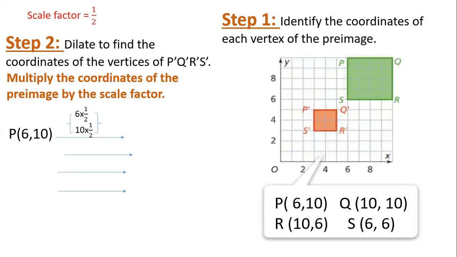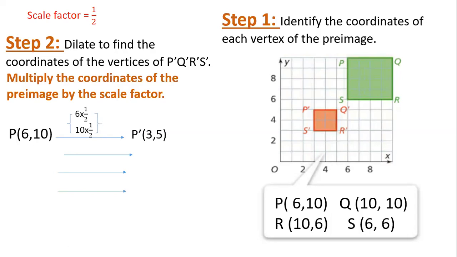If we multiply two fractions together, here 6 is like 6/1. It's going to be what? 3, very good. And what about the y? 5, very good, Mariam.